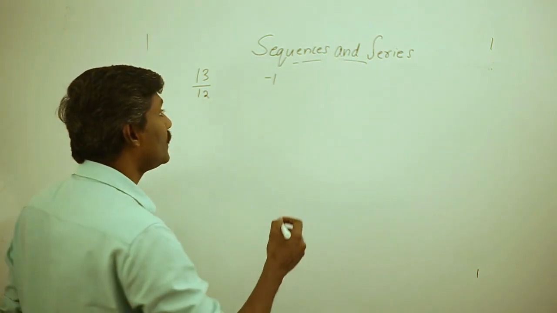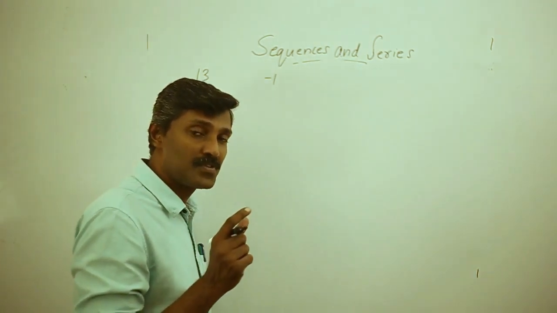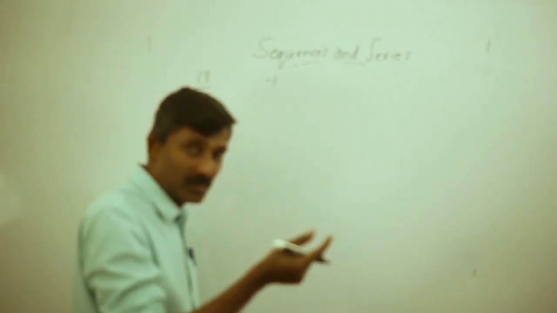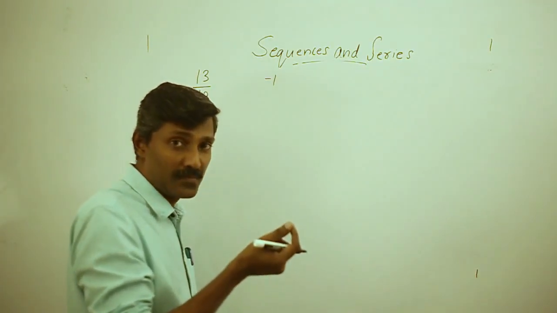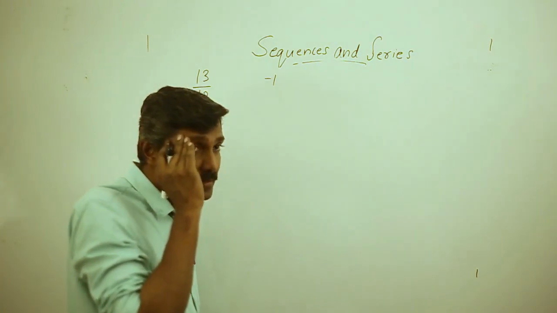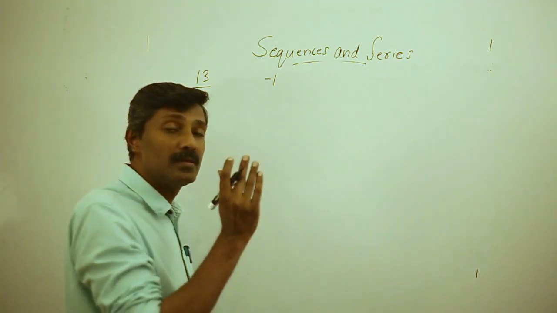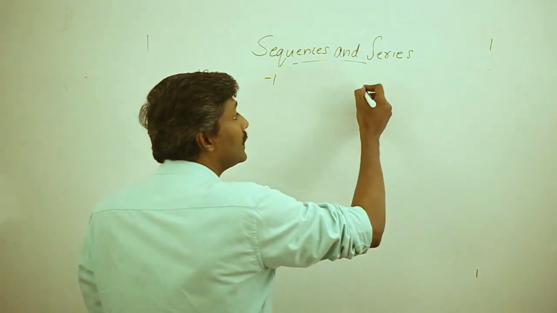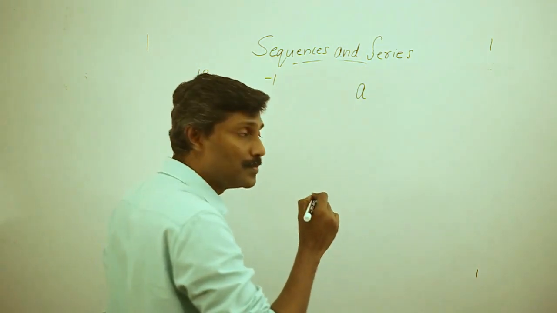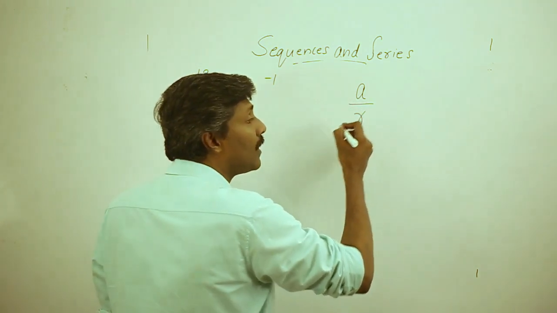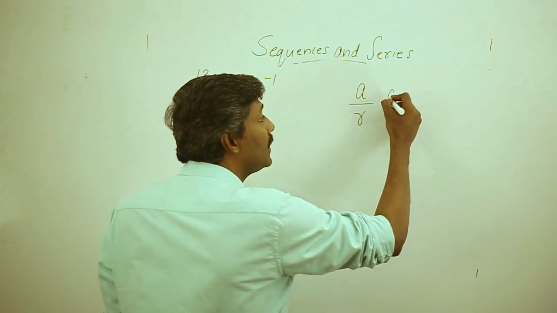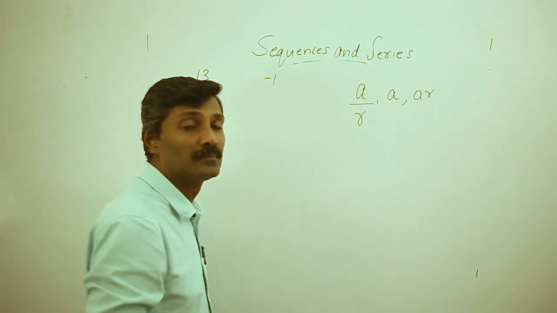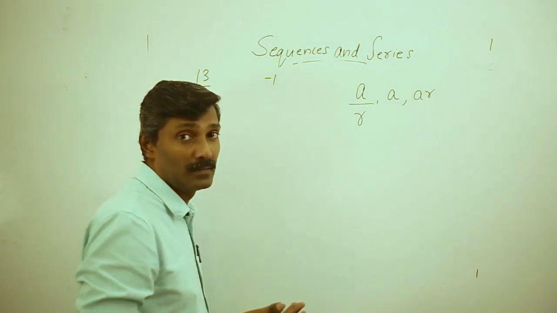Okay. So in these types of problems where the sum of the first 3 terms is given and the product is also given, we have to keep in mind that the way we take the 3 terms, it should be like this. Let the first 3 terms be A by R, A and AR. Why did we take that like that?